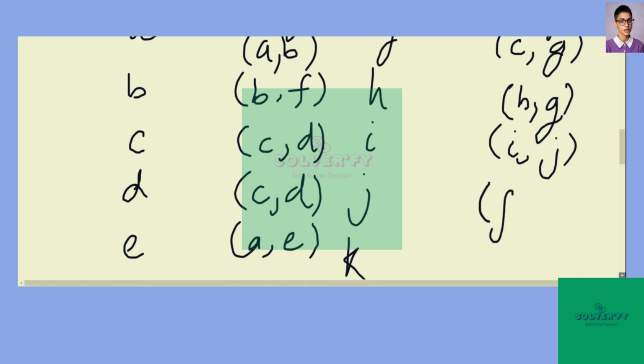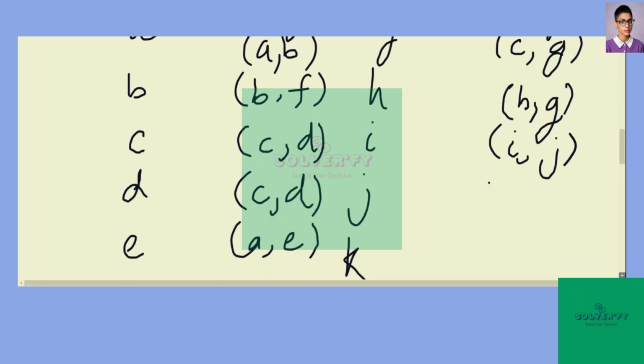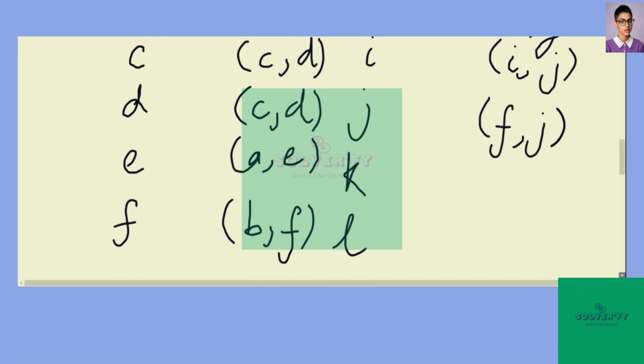The edge incident to J with the smallest weight is FJ with a weight of 2. The edge incident to K with the smallest weight is KL with a weight of 1. And likewise, the edge incident to L with the smallest weight is KL with a weight of 1.